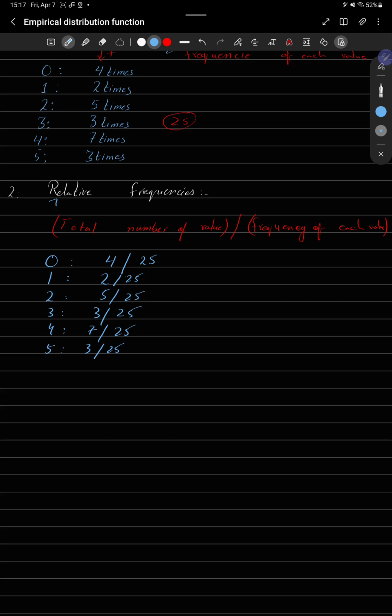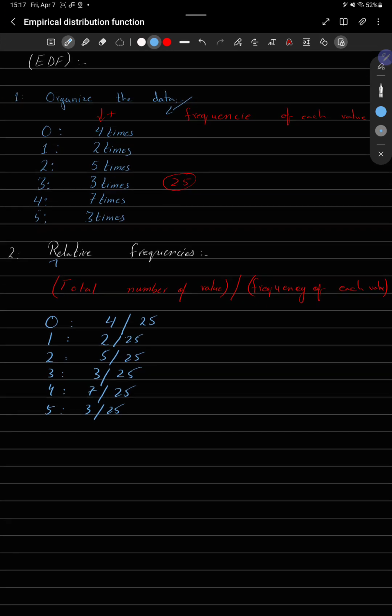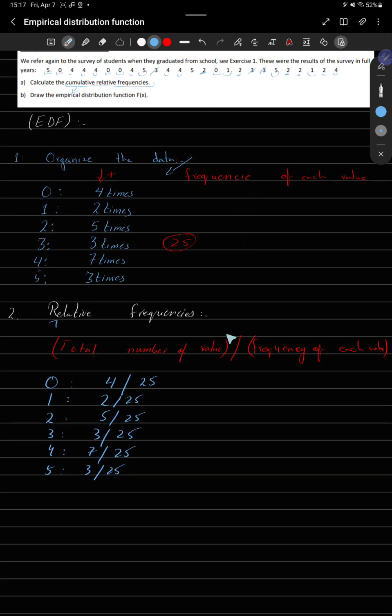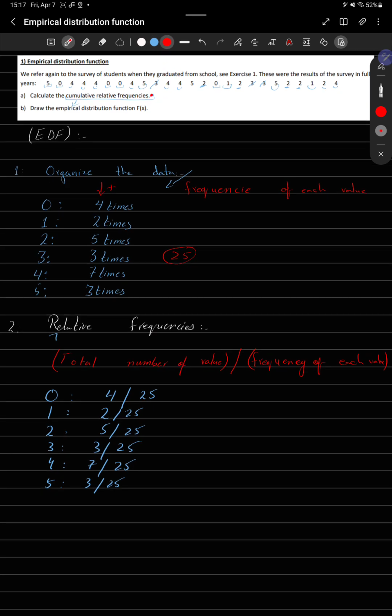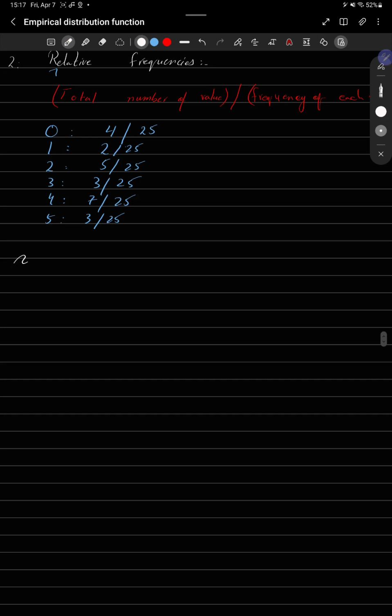Okay, now we calculate the cumulative relative frequency. After these two steps, we can find our cumulative relative frequency.